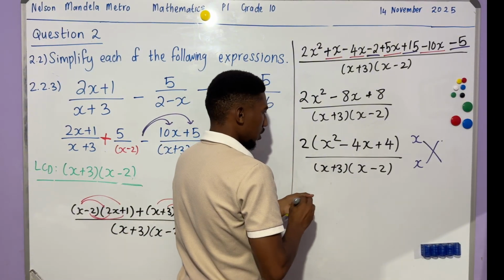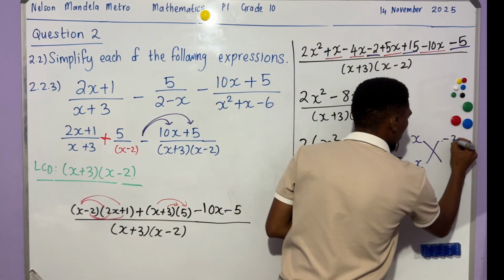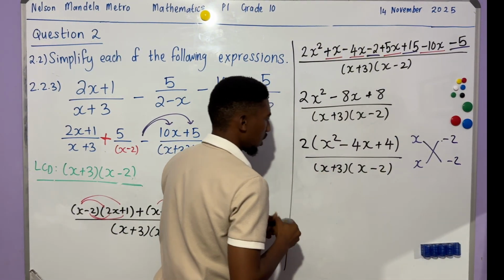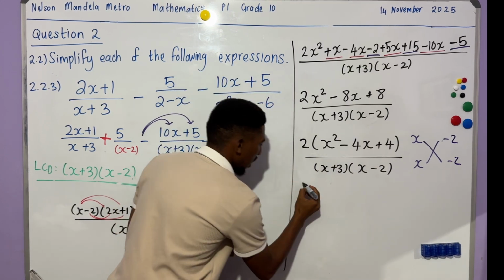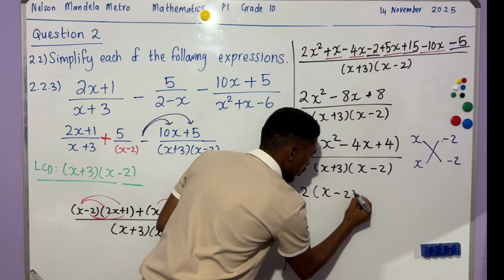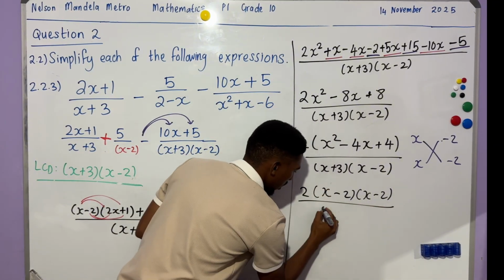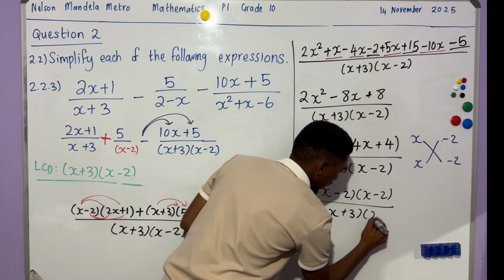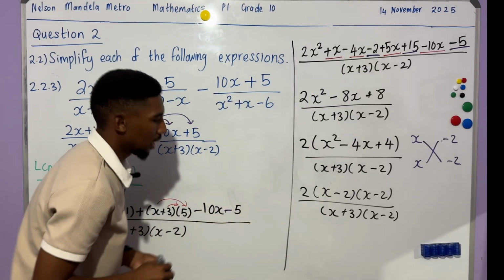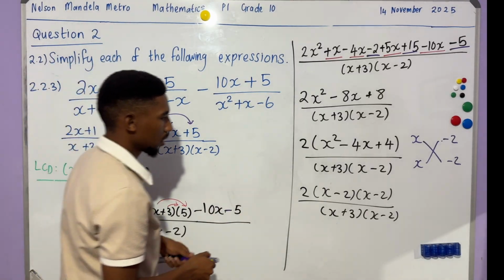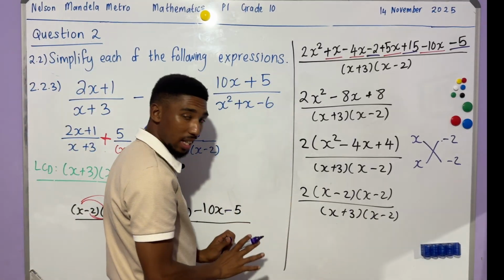So then we have minus 2 over there, and I can simply factorize that trinomial to have x minus 2 all over x plus 3 x minus 2. Now I can cancel, since all the signs are in brackets.